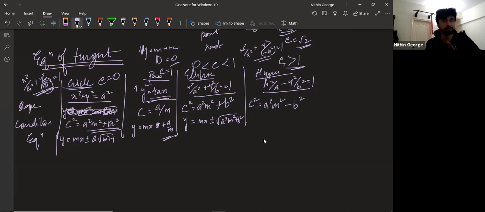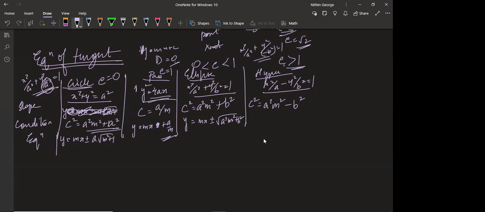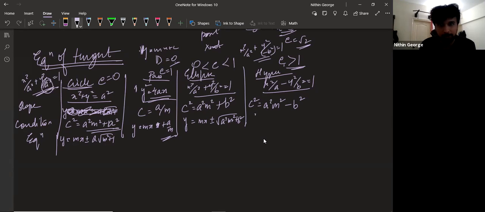This looks like an ellipse. Okay, and then just compare that equation with this. That's all you need to do. Okay. So c square equal to a square m square minus b square. So y is equal to mx plus or minus root of a square m square minus b square. All right. Got this much, guys?